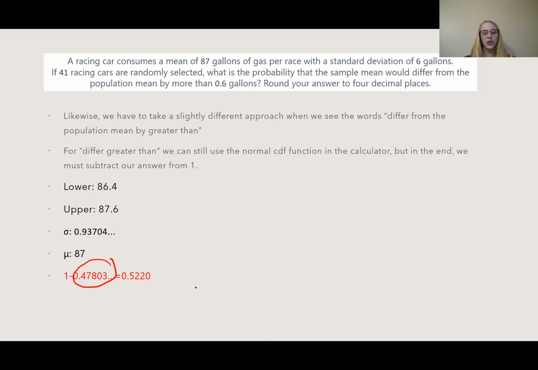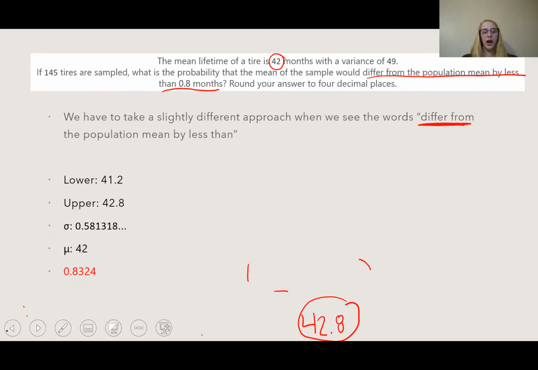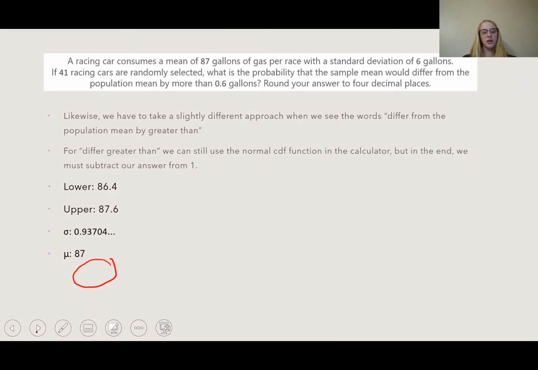Now, in the last problem with less than, after we plug those in, that's the only additional step we had to take. But with more than, what we have to do is subtract it from 1, going back to the complements rule that has been discussed throughout the chapters in this book.